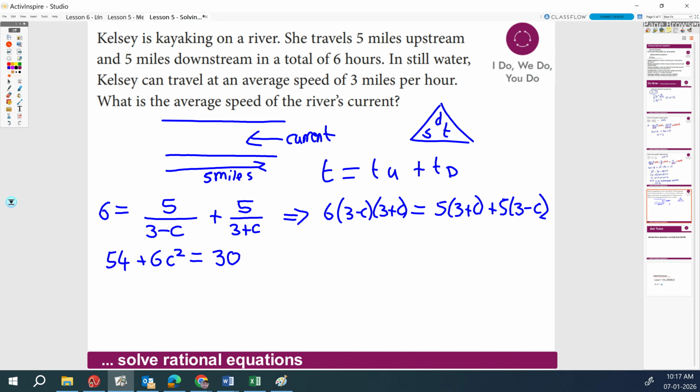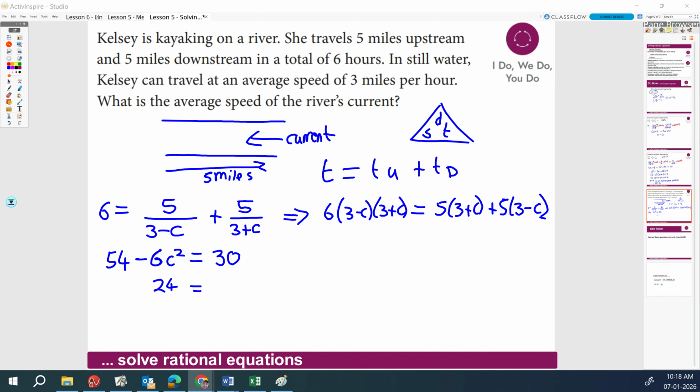So rearranging everything, if we move this one across, hold on. 24, right? Okay. So obviously it's going to be minus c squared, which is minus 6c squared.